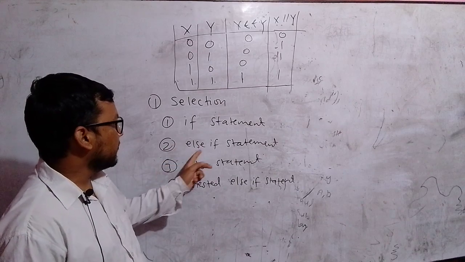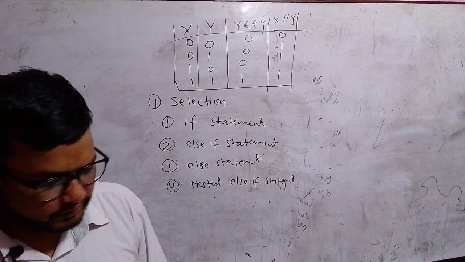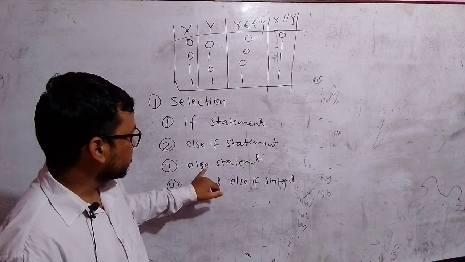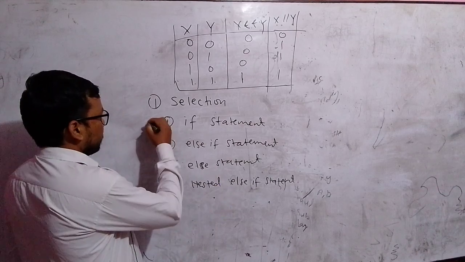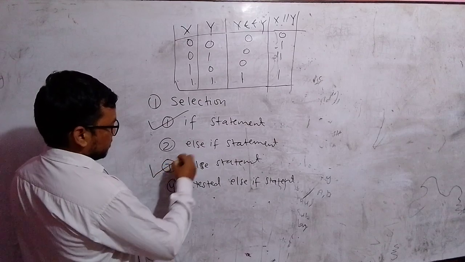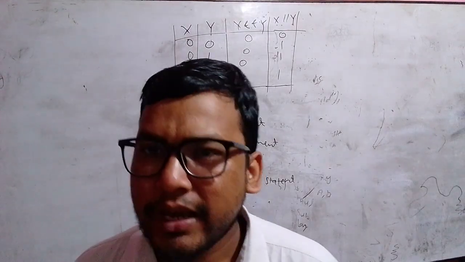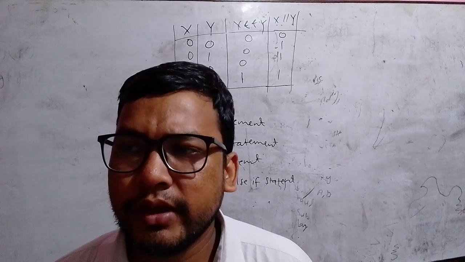Now, second, the else if statement. Before going to the else if statement, let's describe the else statement. What is the else statement? The else statement comes along with the if statement.